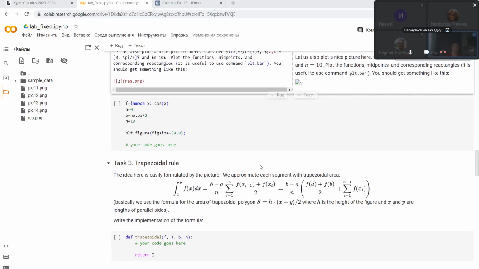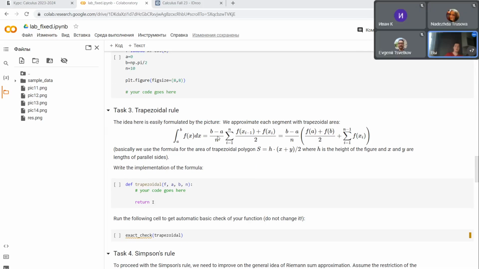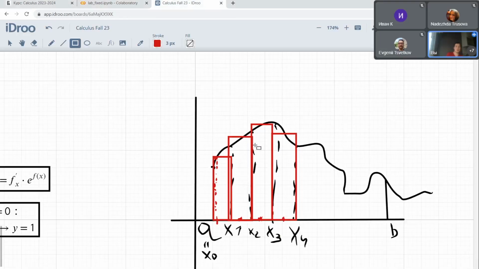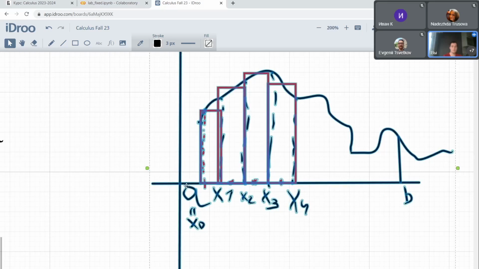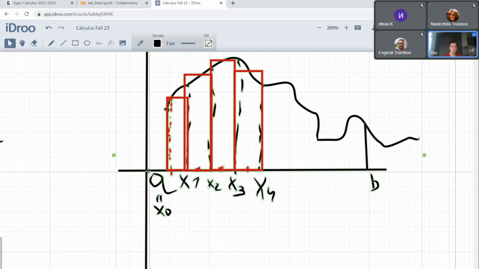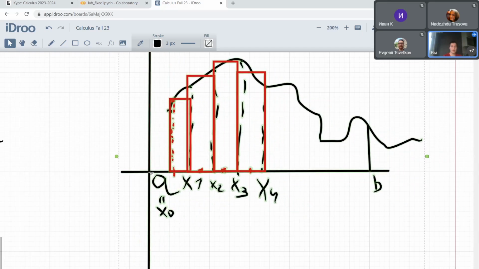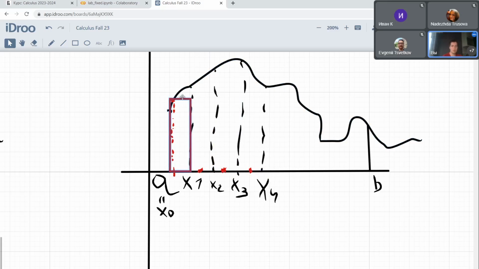Okay, but we have another idea. We had an idea with mean values, using the average value of the function at the borders.